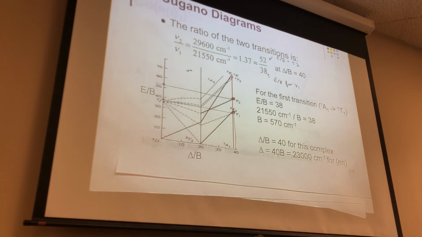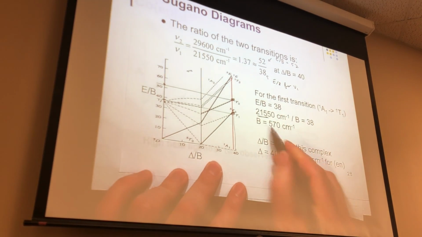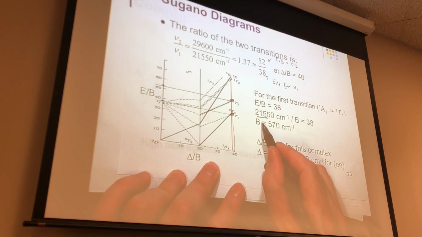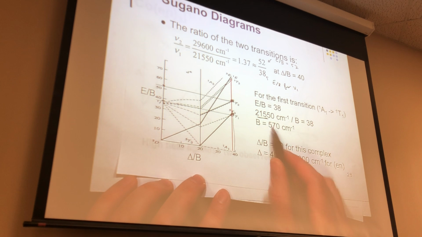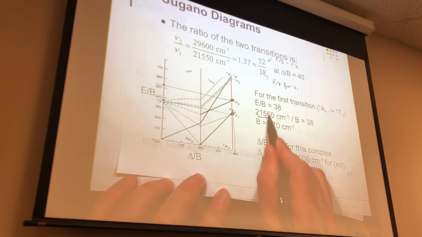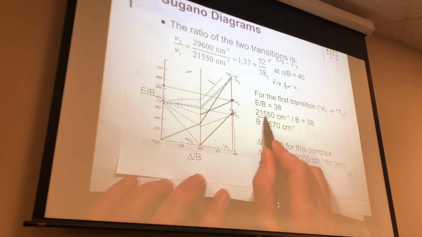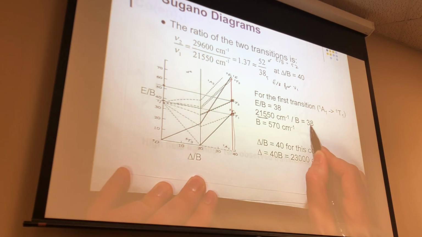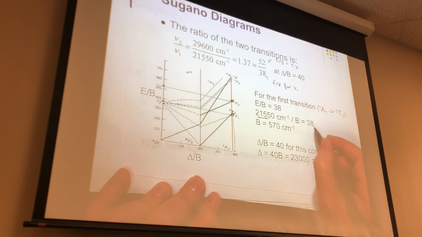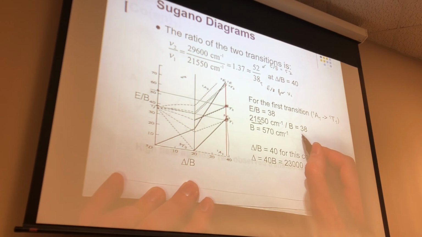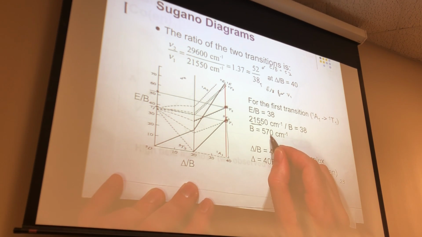But we know what those transitions are. We know the energy for the first transition because we measured it spectroscopically. It was our first wavelength converted to inverse centimeters. So the first transition was about 21,000, 22,000 inverse centimeters. When we divide that by B, it's equal to 38, and so we can solve for B. This is just a little algebra. 21,550 divided by 38, we get B of 570.